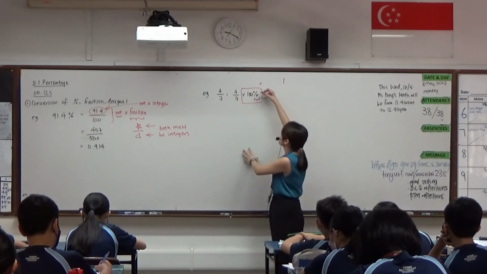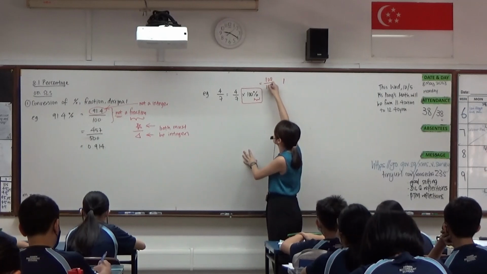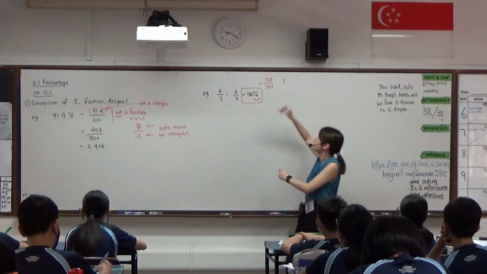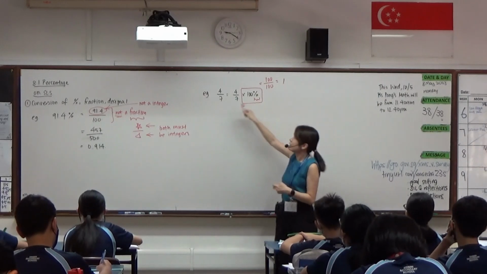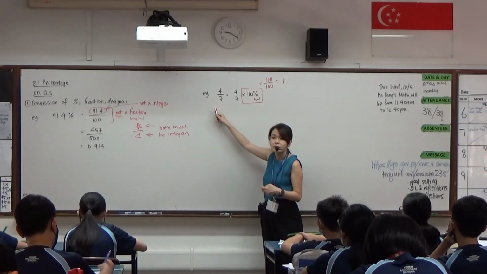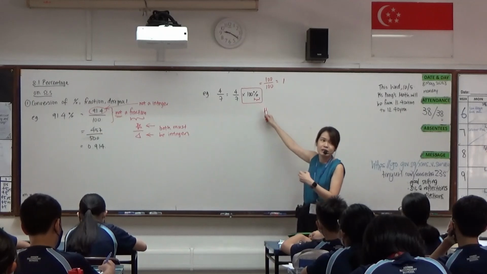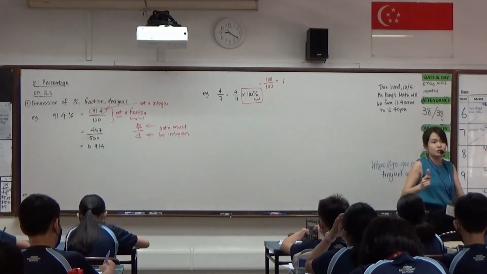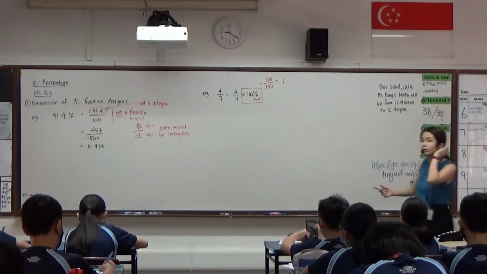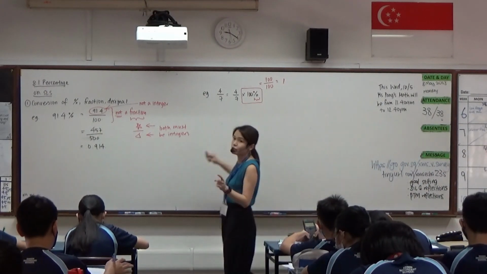Why is it so? Because 100% refers to 100 over 100, which is equals to 1. So 4 over 7 times 1 is equals to 4 over 7. You understand? So presentation-wise, make sure it must be times 100%, cannot just times 100. But when we press our calculator, we only press times 100.